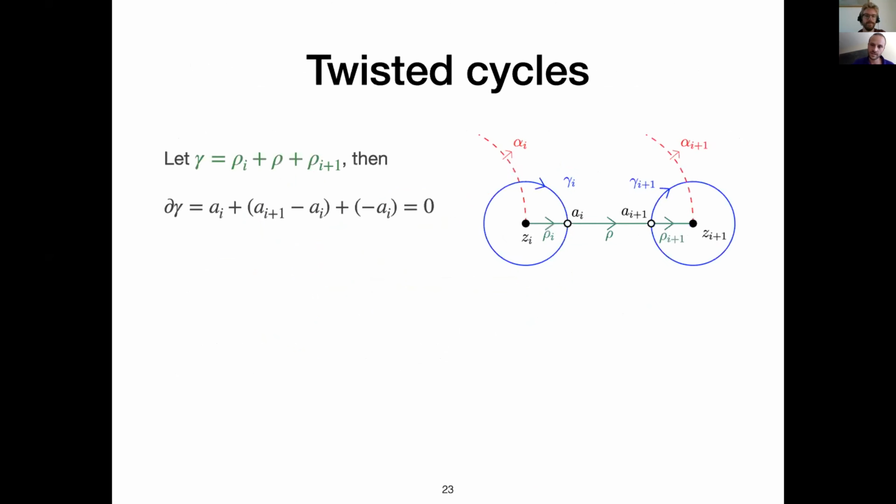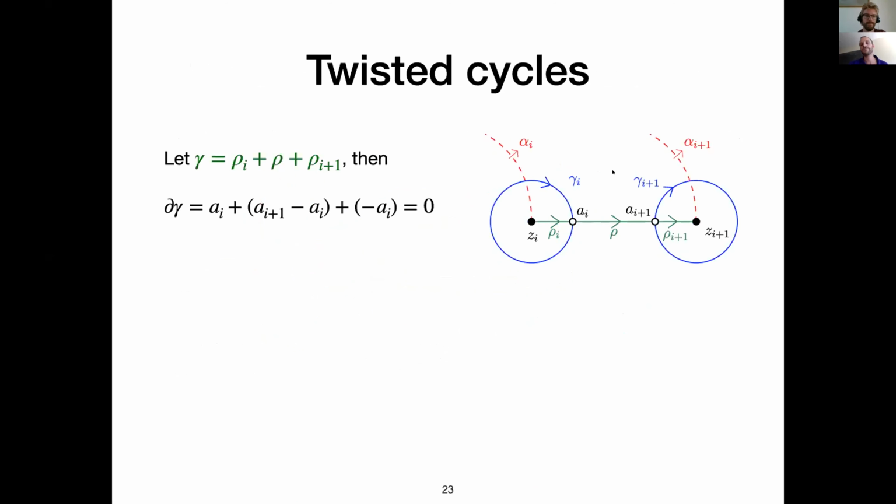So let's consider this little drawing here. Now we have 2 cuts, with monodromy alpha I and alpha I plus 1, for instance. These points z I and z I plus 1 are removed from the surface. They're marked points. And we first consider the path gamma, the green path. So it's rho I plus rho I plus 1. A I and A I plus 1 are the intersections at these little points here.